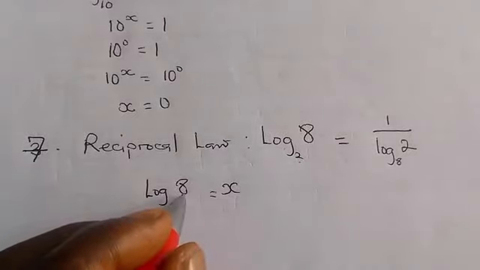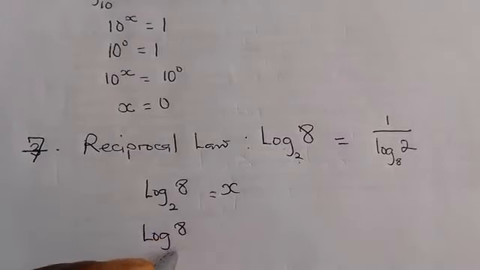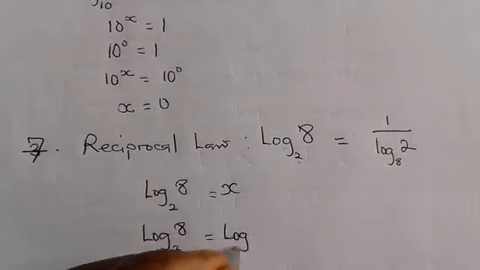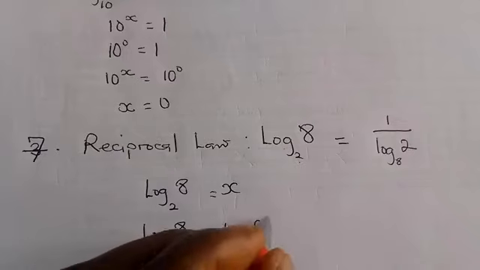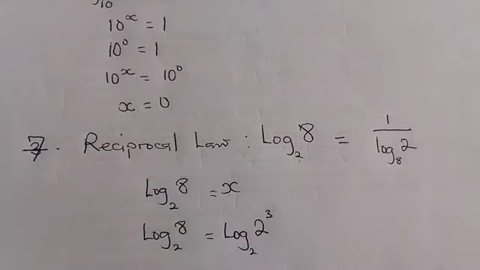You know, we can reduce 8 further. So we have log 8 to base 2. It's the same thing as saying log 2 raised to the power of 3 to base 2. Right?